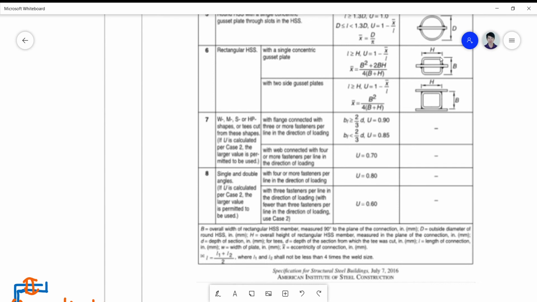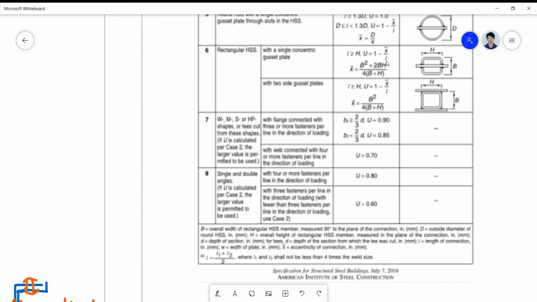So this is just the same with that of this circular, although there are differences in terms of computation of X bar here, because this is based on B and H, and then this is also based on B and H, but this refers to a plate connection wherein it is not inserted inside the center or the middle of the HSS, but rather on the top and the bottom flanges, the opposite flanges of the HSS.